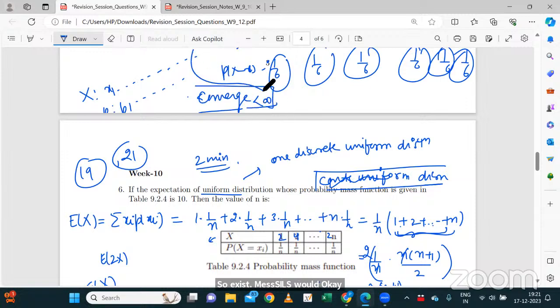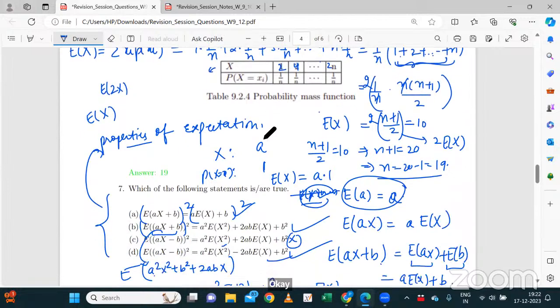There will not be any question at this first foundational level where expectation will not exist, so you can assume expectation exists. Exist means if you add all the x into p(x), it should be less than infinity. That is the meaning of existing. It should not be infinity.